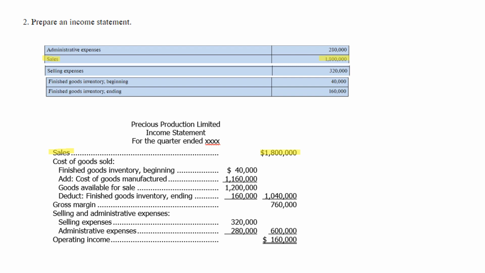So this is everything we were able to sell at the beginning of the quarter. So you can see up here, our finished goods inventory beginning was 40,000, and we have that here. And then we're going to add our cost of goods manufactured. So if you remember from what we completed in requirement 1, this 1.16 million.